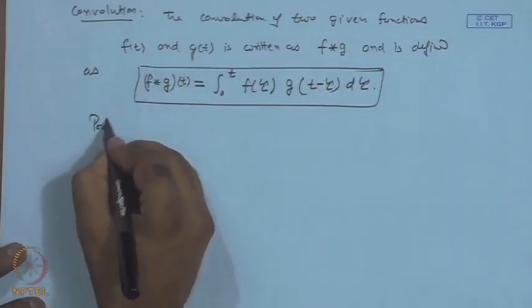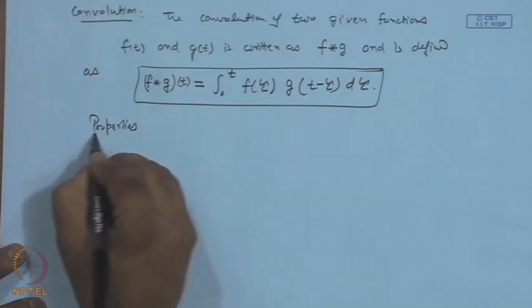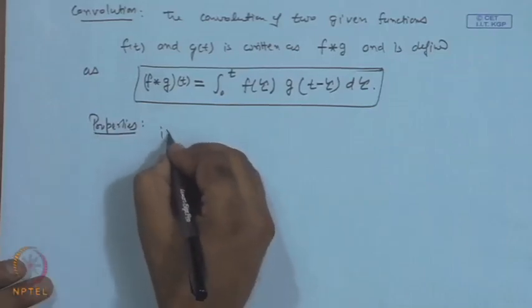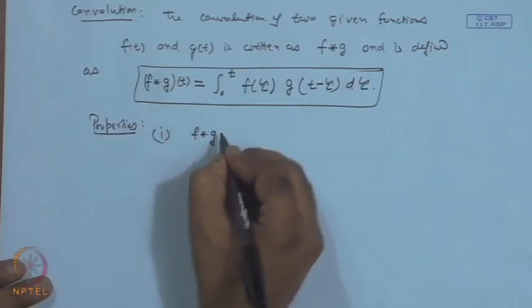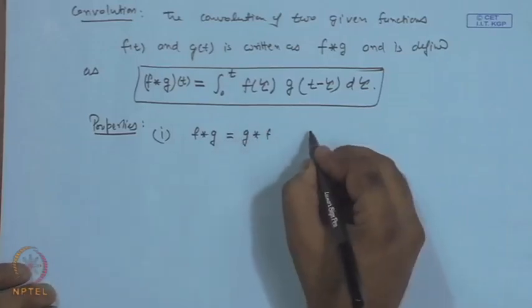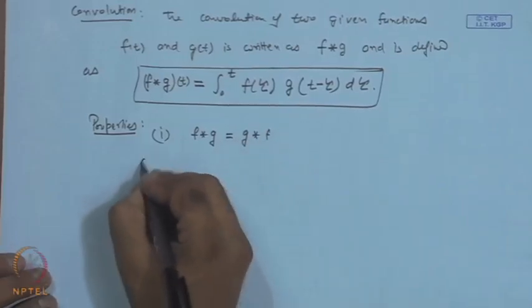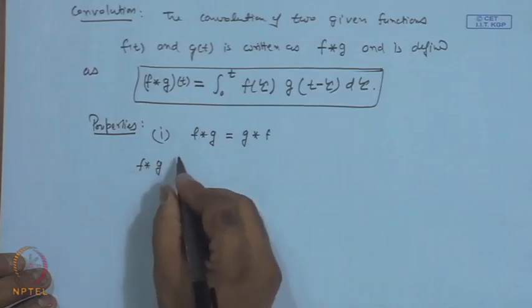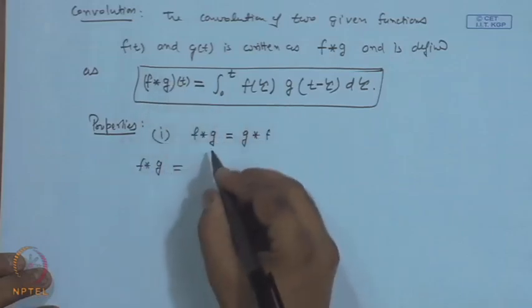Now, it has some nice properties, like f star g is g star f. So, the convolution is symmetric. This is the symmetric property, and it is easy to see if we take this f star g.